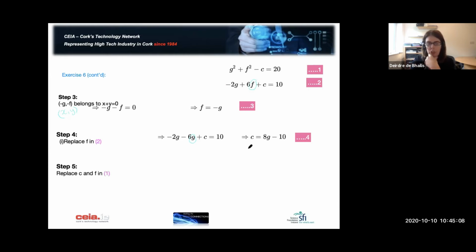The next step is to replace c and f in equation 1. So this was equation 1 and this was equation 2. So we're going to replace c and f here so that we get an equation that only has g in it. And that leads us to g squared, f squared gets replaced by minus g, and c gets replaced by 8g minus 10.